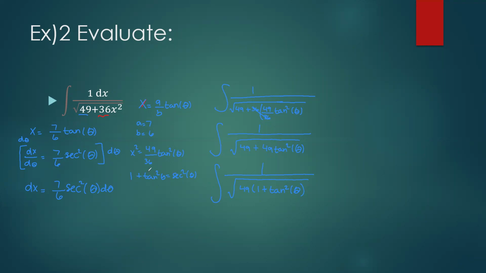So I'm replacing, yes, I'm right: 1 plus tan squared theta is equal to secant squared theta. So you're going to replace that.